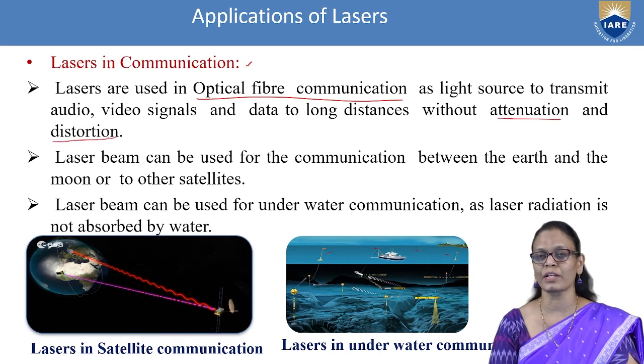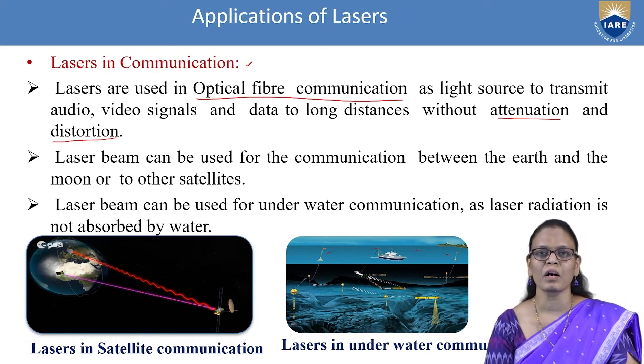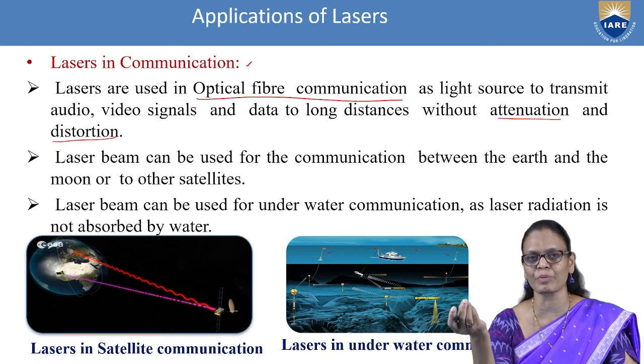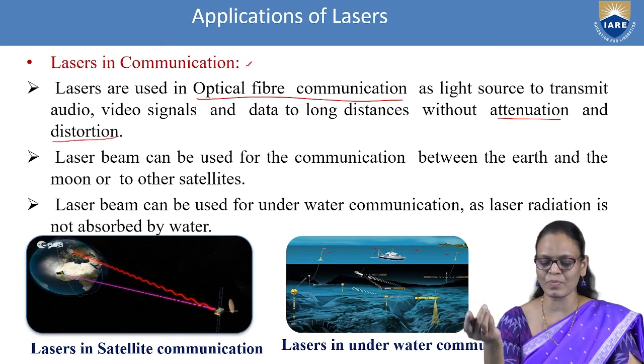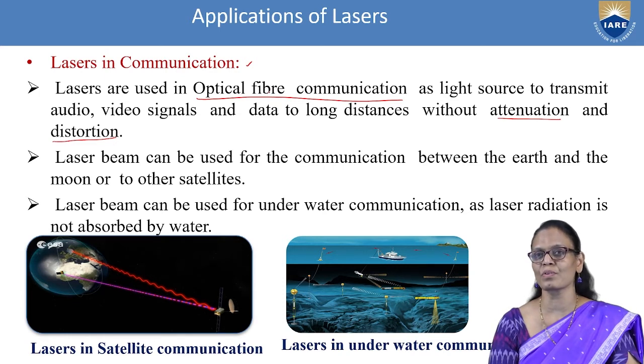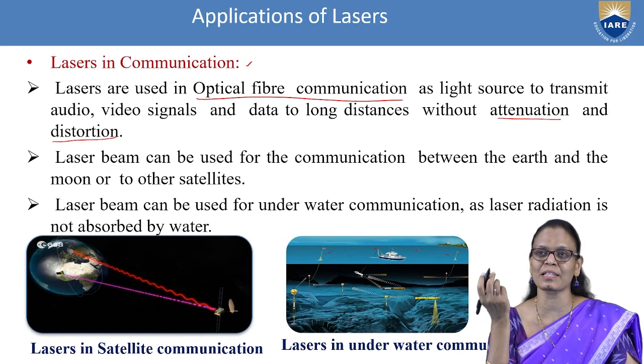This is very important. In previous days, we used to use cables, the metal wires to transmit information or to transmit communication. But nowadays, we use optical fiber, where light is used as a carrier to transmit the signal.